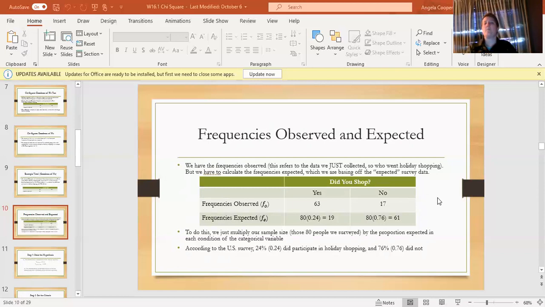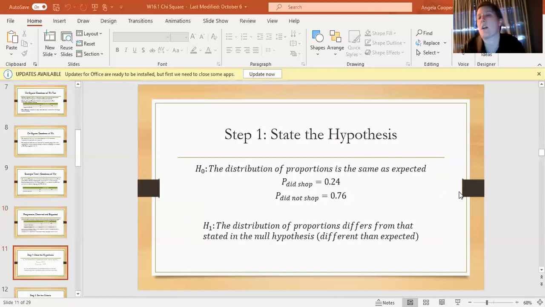However, we have to continue on because while we know we did not have the expected values, there's quite a big difference in these two. We do have to go a little further and state our hypotheses. The null hypothesis says that the distribution of proportions is the same as expected. So the proportion of people who did shop is 0.24 and those who did not shop is 0.76.